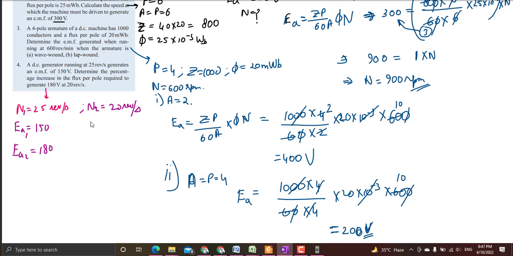We know that for a particular machine, E is directly proportional to phi into N. So you can write E1 by E2 is equal to phi 1 into N1 divided by phi 2 into N2.